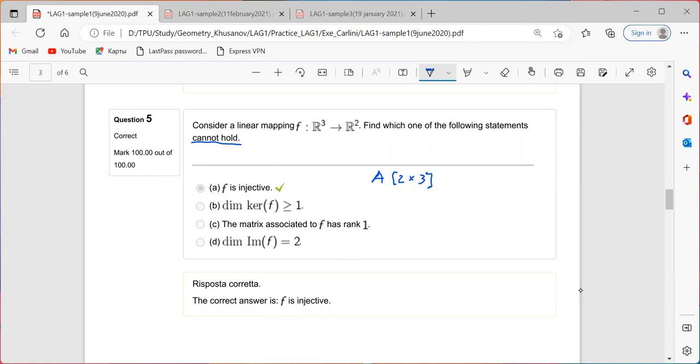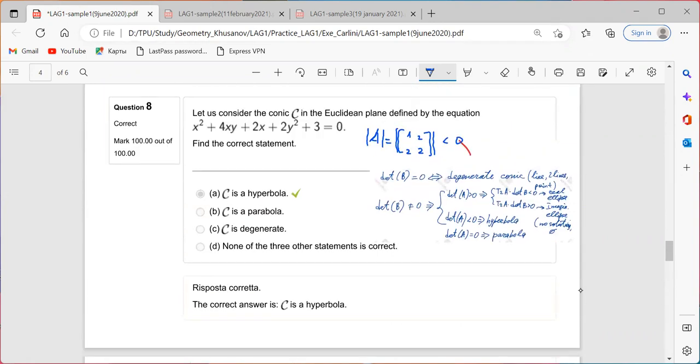In this situation, this map cannot be injective. Why? Let's consider the property of injectivity. We have a 2 by 3 matrix, and it means that the number of columns will be 3. Three columns.